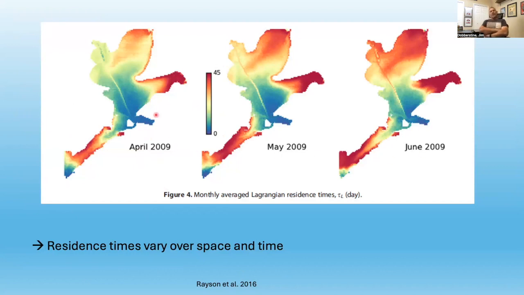And you can see shorter residence times occurring in April, typical for us because our springs tend to bring a lot of rain, right? May to a little bit of a lesser extent, so you can see the residence times are longer in these darker red shades. The bluer shades and greens are shorter residence times.